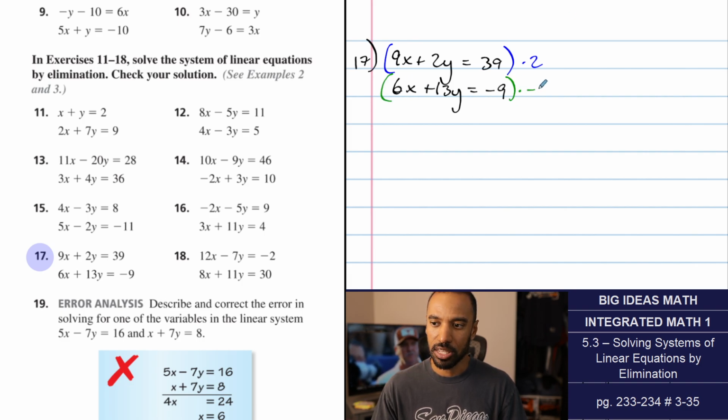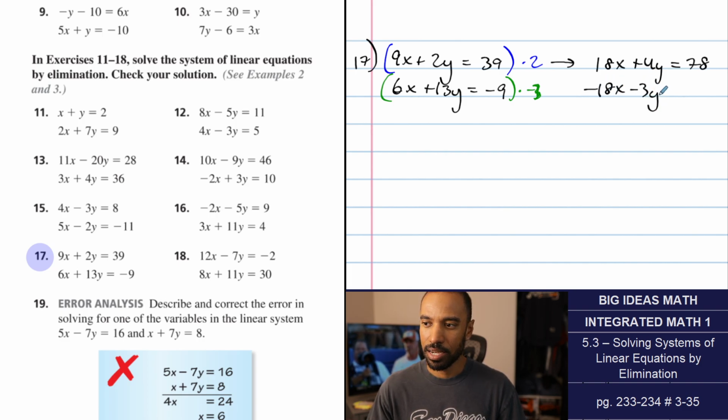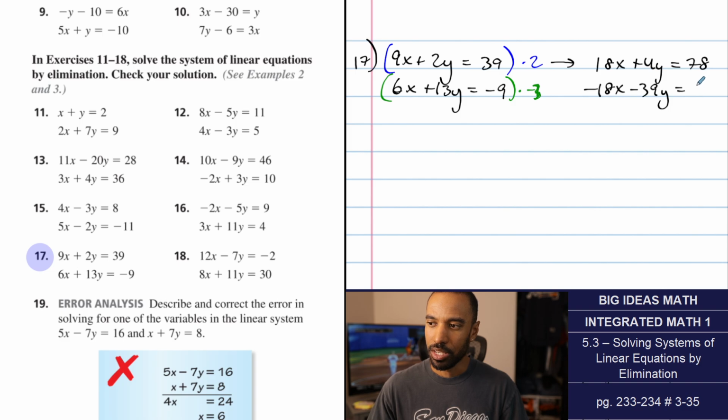That'll get me a positive 18x and a negative 18x. Let's write negative 18 there. So here we'll get 18x plus 4y equals 78, and negative 18x minus 39y equals positive 27.